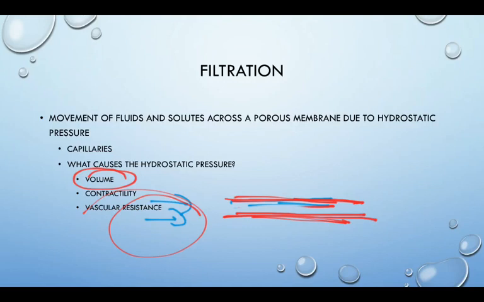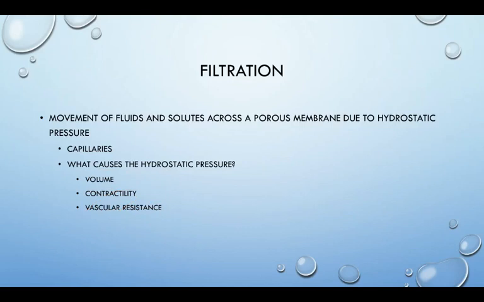It goes down as you vasodilate. Contractility of the heart is how hard and how fast it's pumping. Okay, so all that causes increased pressure within your blood vessels. Now, when you get to your capillaries, your capillaries have these pores.